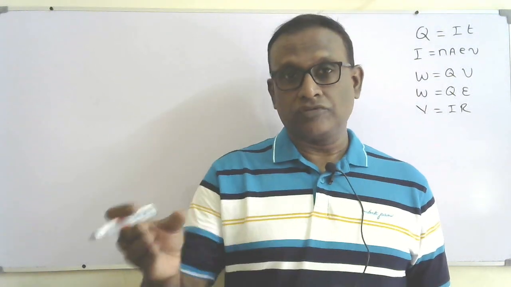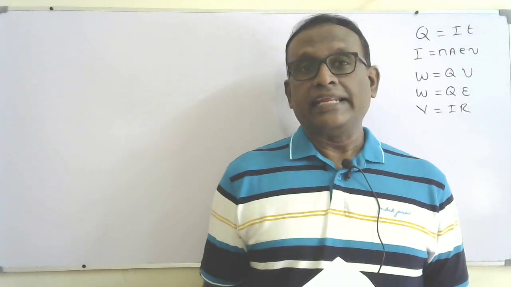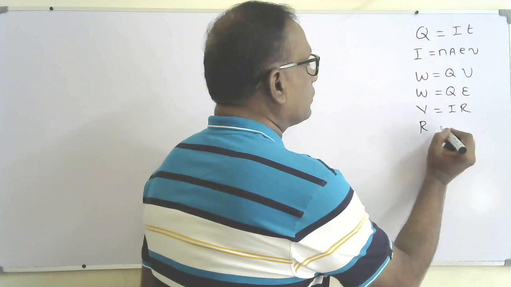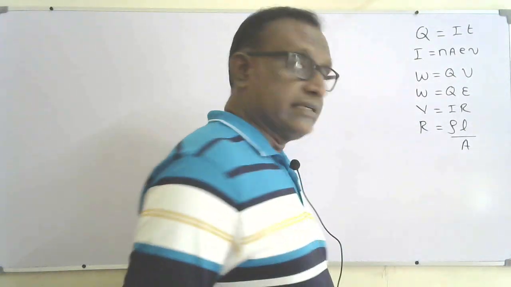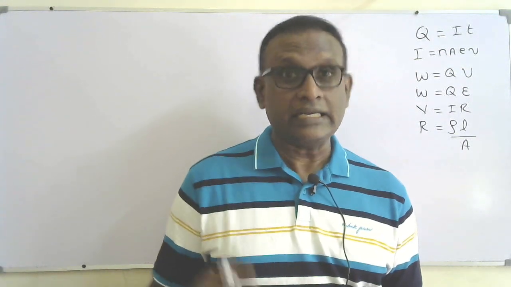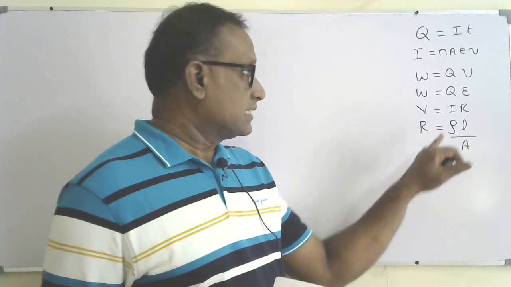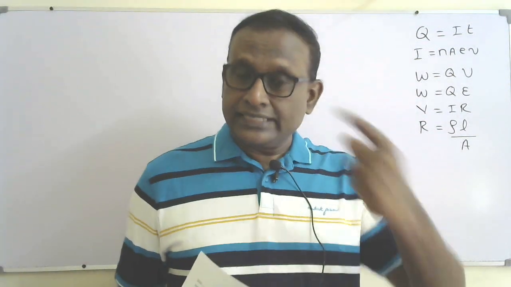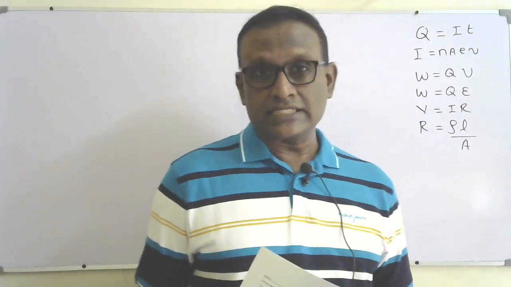It is directly proportional to the length of the wire and inversely proportional to the area of cross section. So R equal rho L over A, where rho is the resistivity of the material, constant for a given type of material at constant temperature. For conductors, when temperature increases, resistivity will increase. For semiconductors, when the temperature increases, resistivity, which is rho, will decrease.